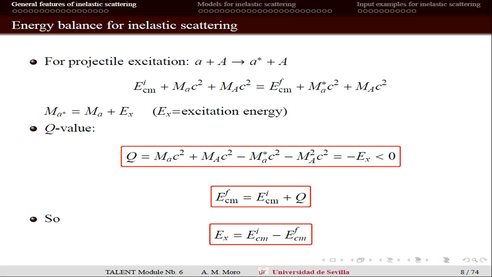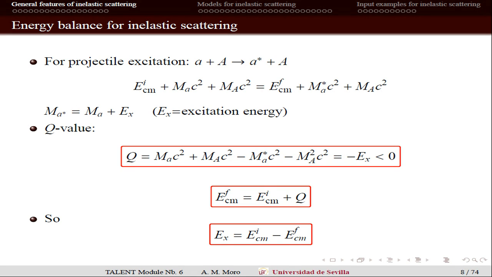This is the energy balance, including the masses of the nuclei, and this A star includes the excitation energy of the final A. If we introduce the Q value, remember that it is just the difference between the initial masses and the final masses of the products. So in this particular case, the Q value is just minus the excitation energy of the nucleus being excited.